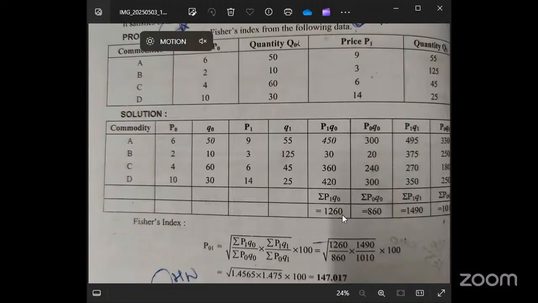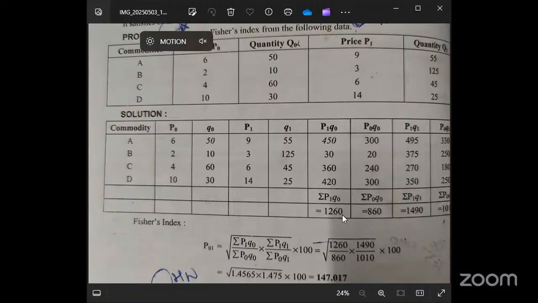Fisher's ideal method: sigma P1 Q0 by sigma P0 Q0 into sigma P1 Q1 by sigma P0 Q1 under square root into 100.